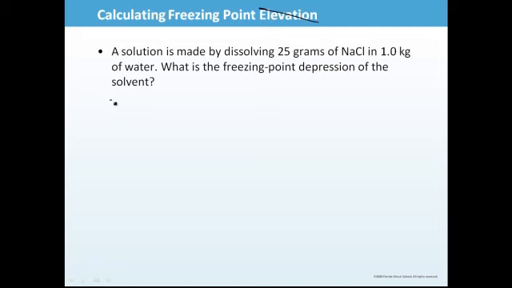But we got to first get those 25 grams of NaCl converted to moles. But again, we need our molar mass. So we're going to our periodic table. Sodium, 22.99. Chlorine, 35.453.